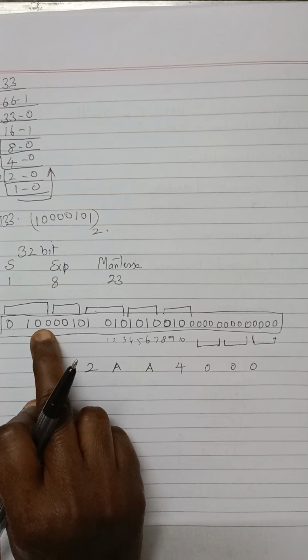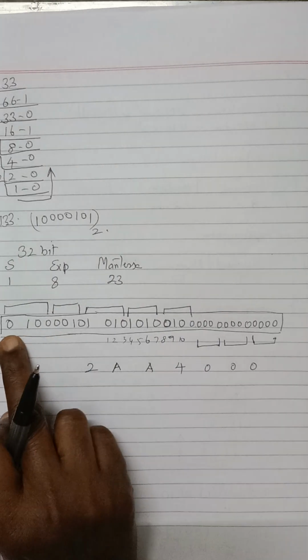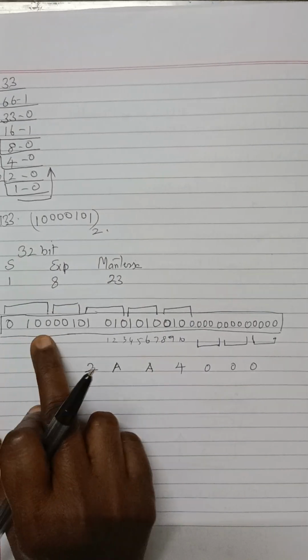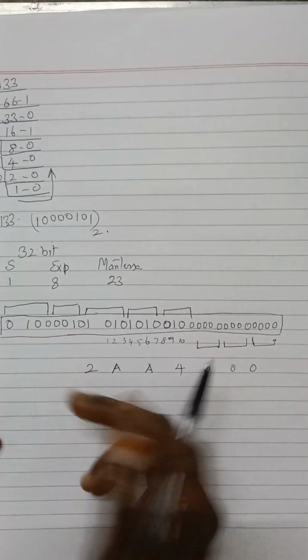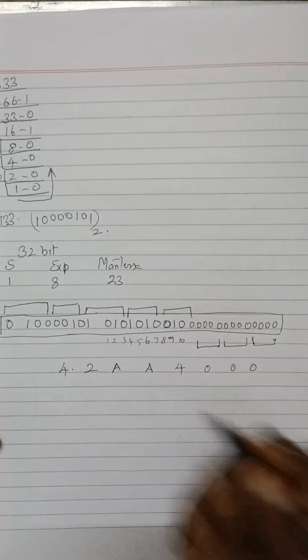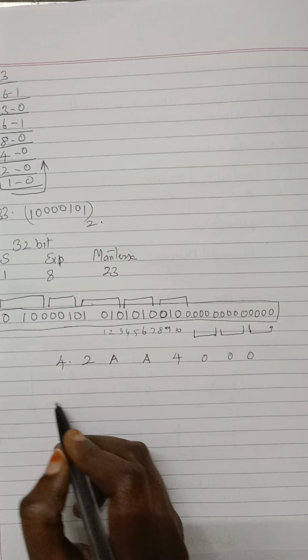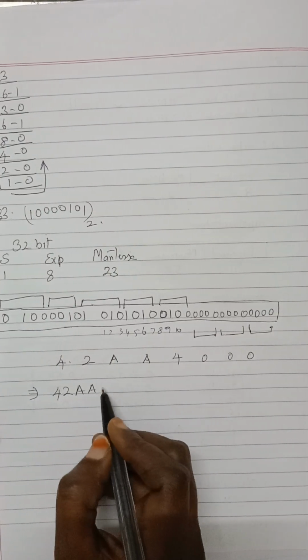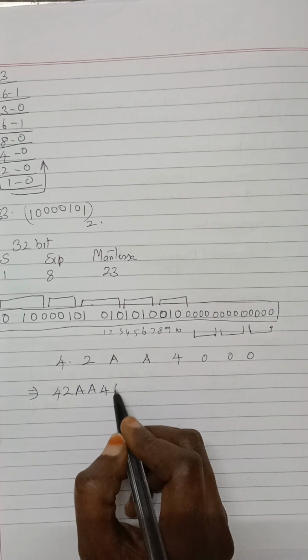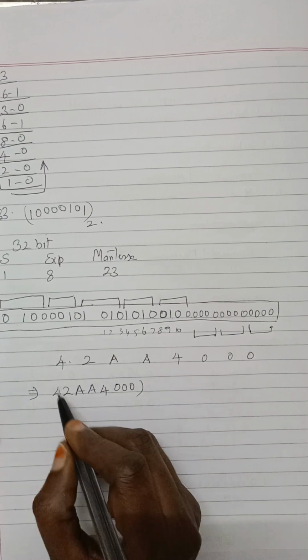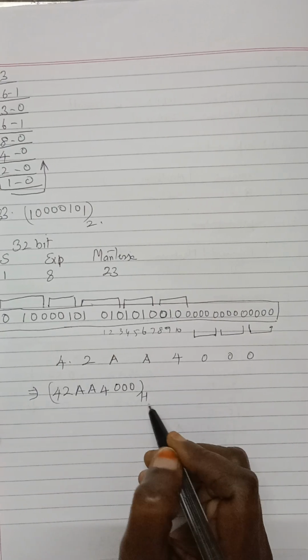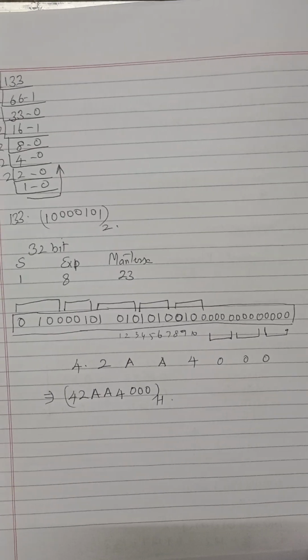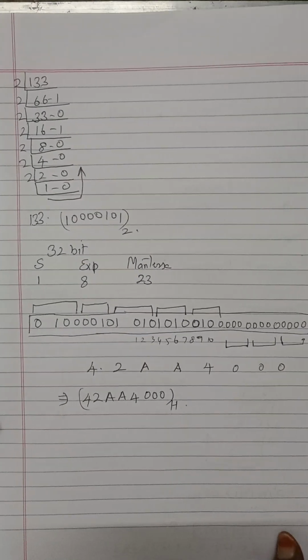Next 0100 is 100, which means 4. So the final answer is 42AA4000. This is in hexadecimal. I hope this is clear to you.